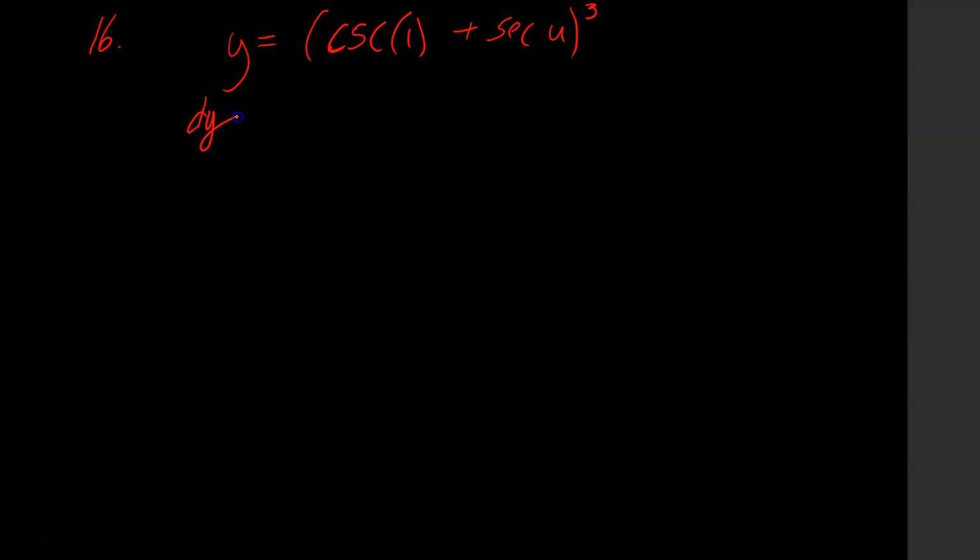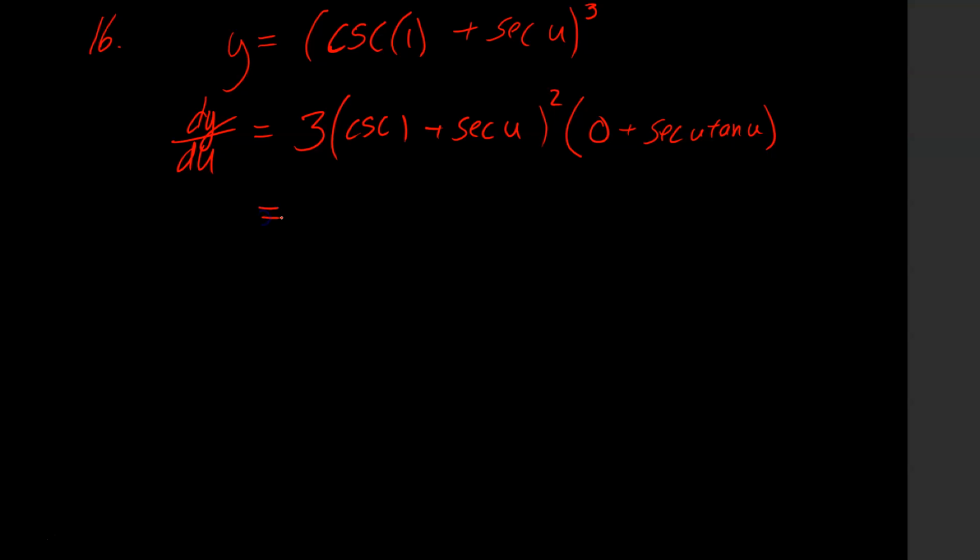So we're asked to find dy du. The derivative of something cubed is 3 times that something squared. The derivative of cosecant of 1 is 0, since cosecant of 1 is a constant. And the derivative of secant is secant tangent.